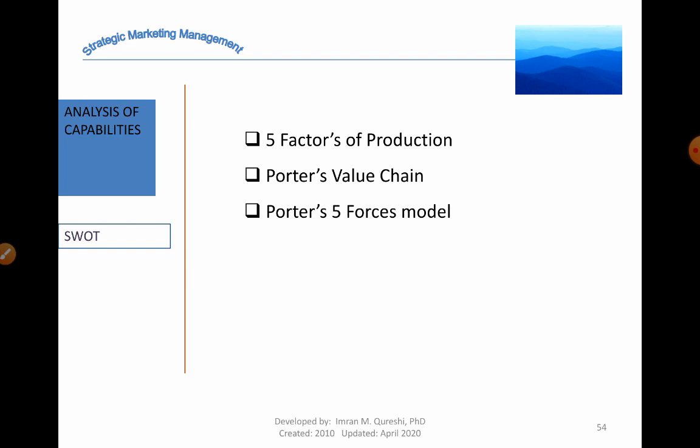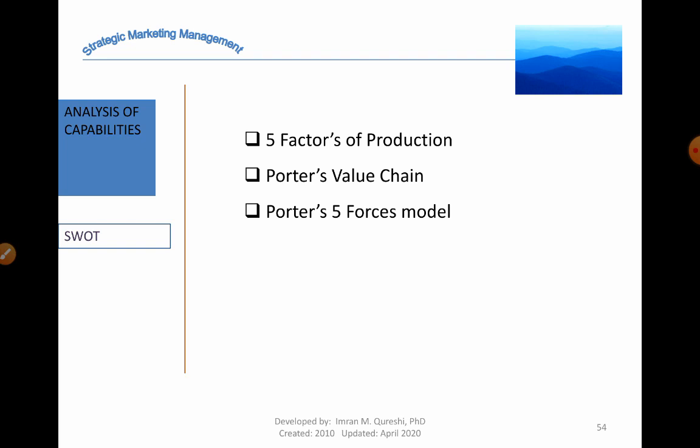But everything in the created realm is relative. Our strengths and weaknesses are relative, and in this context, relativity means we are relating it to the company's competitors.